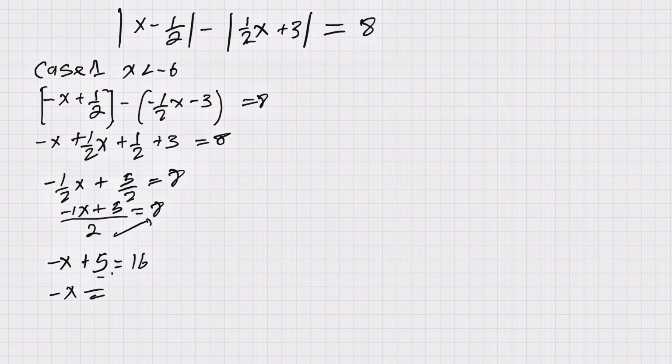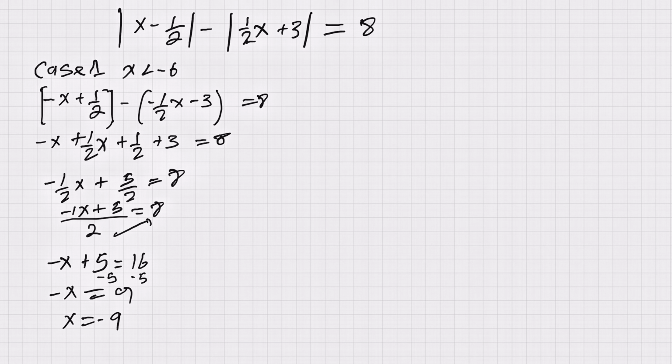So we're subtracting 5 from both sides. That gives us 9. And we divide both sides by negative, and the answer will give us negative 9. So for case 1, x is negative 9.